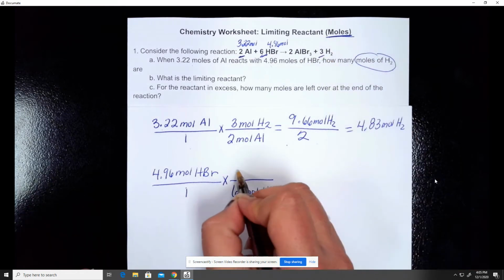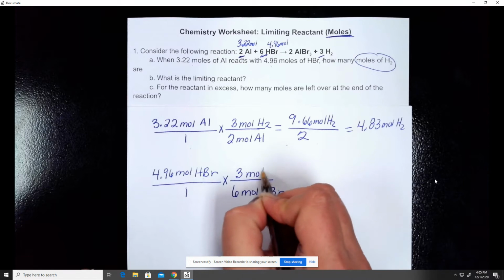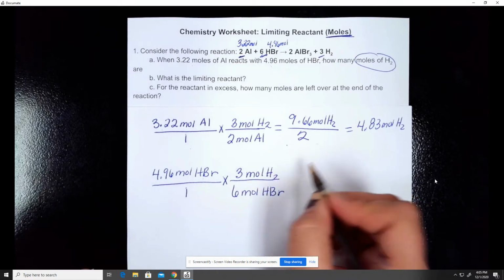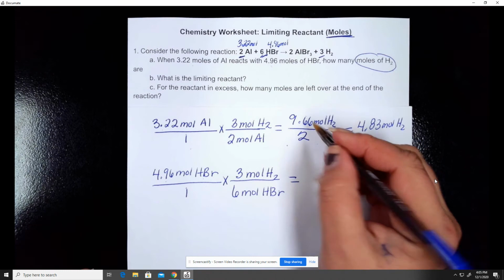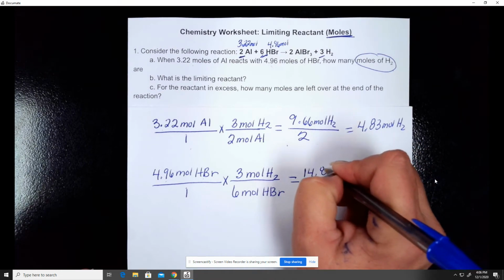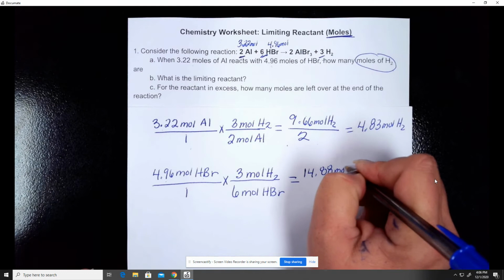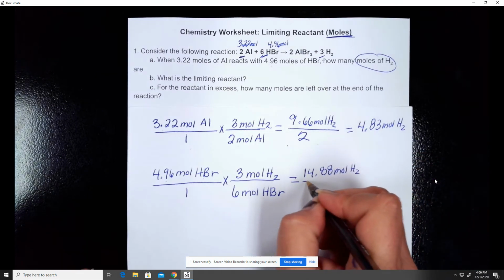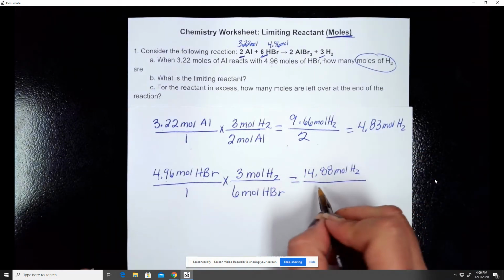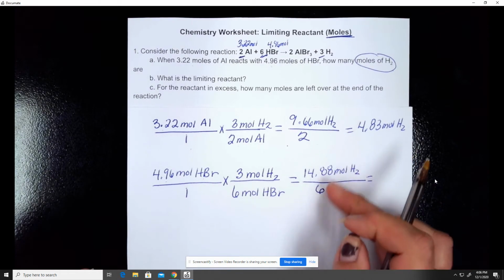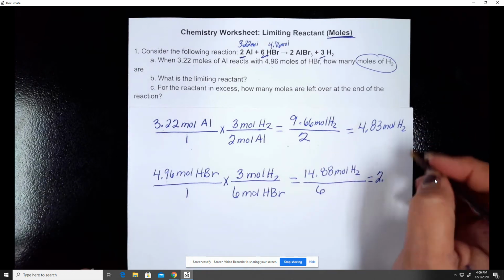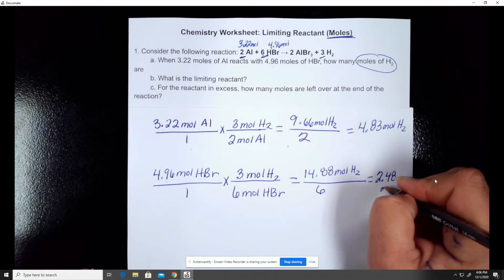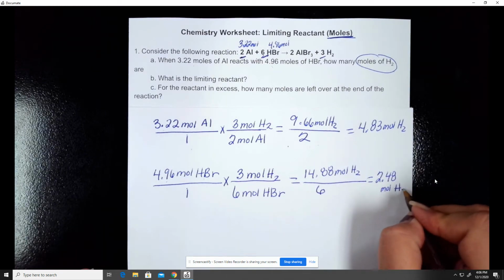So I've got 3 moles of H2 on top. All right, so I'm going to multiply through 4.96 times 3, and I get 14.88 moles of hydrogen. 1 times 6. All right, and then we're going to go top divided by bottom for 2.48 moles of hydrogen.